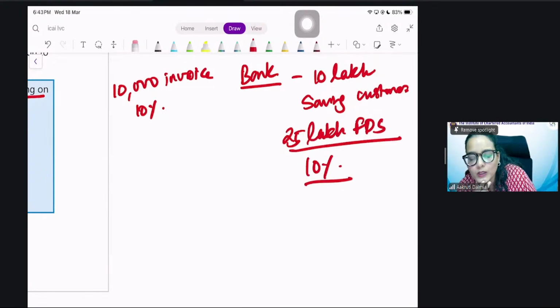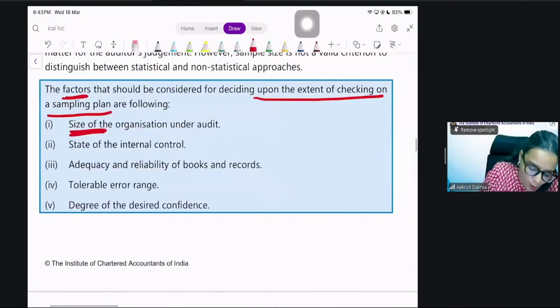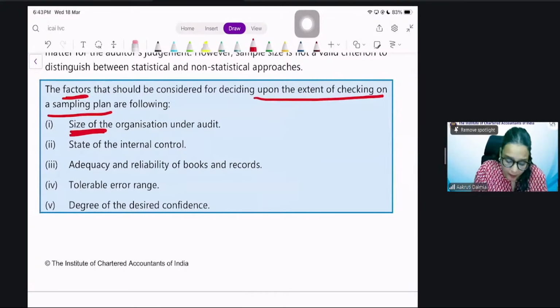I can use it like that only? No, I won't be able to complete the work, right? So how much and to what extent you have to check, it depends on the size of the organization.